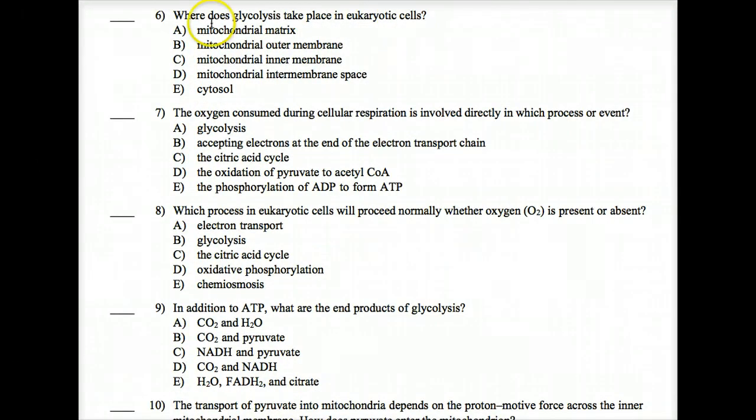Where does glycolysis take place in eukaryotic cells? Glycolysis takes place in the cytosol. The oxygen consumed during cellular respiration is involved directly in which process or event? Oxygen is involved in the electron transport chain.